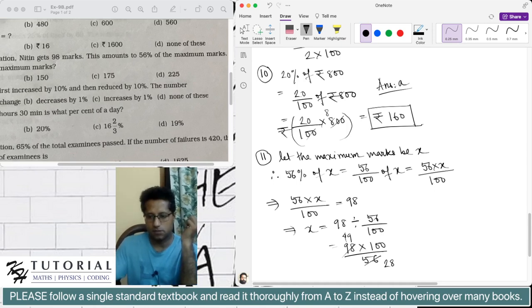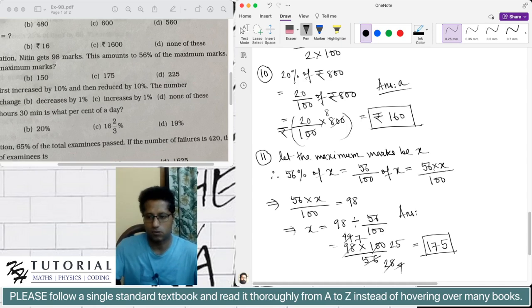And 7 divides 28 with 4, 7 divides 49 with 7, and 4 divides 100 with 25. So this is equal to 7 multiplied by 25, which is 175. So X is 175. So the maximum marks is 175. Hence, the correct choice is C.